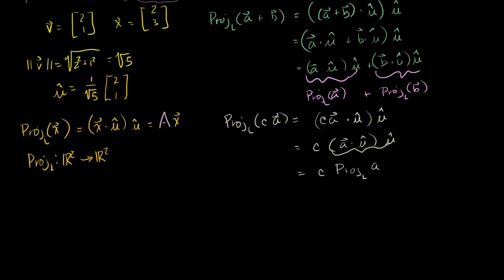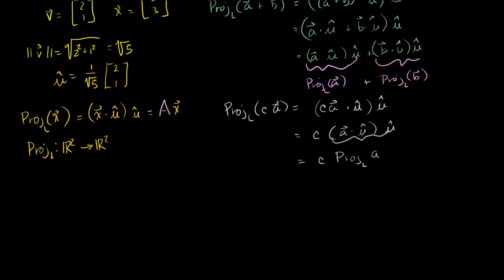So if we're doing it in R2, then our matrix A right there is going to be a 2 by 2 matrix. And we've seen in multiple videos that to figure out the matrix A, we just take the identity matrix that just has the standard basis vectors as columns, 1, 0, and then 0, 1, and we apply the transformation to each of these columns.